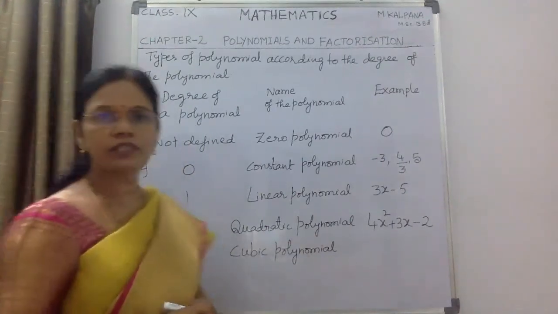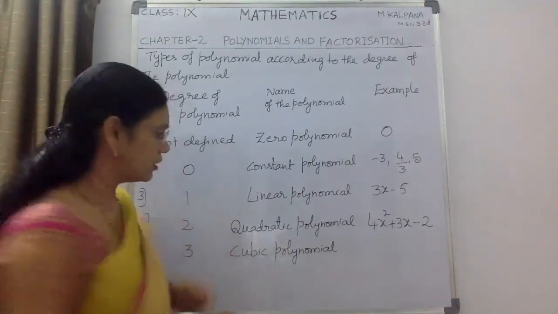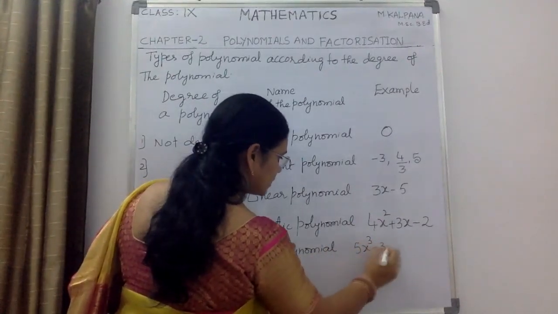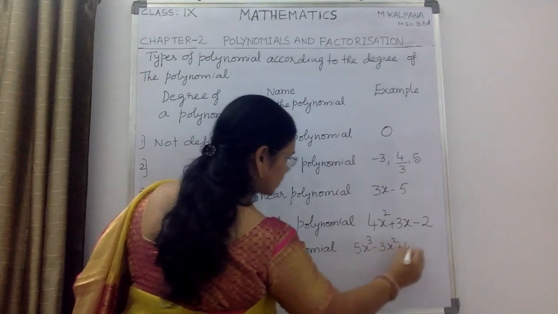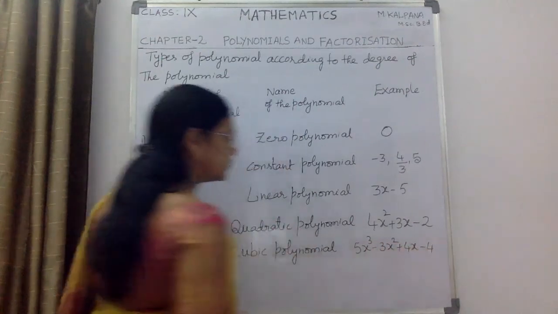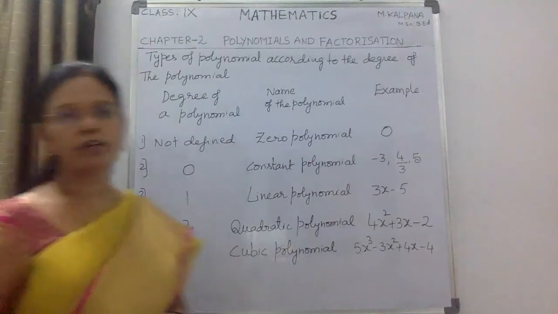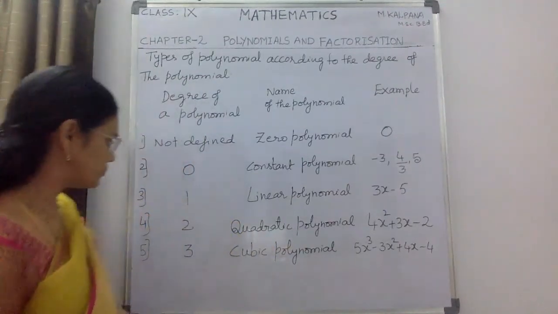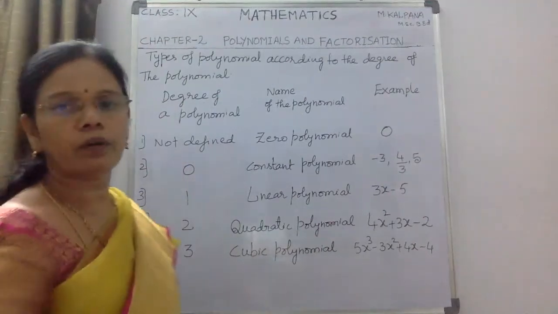Give some examples, children. Okay. 5x cube minus 3x square plus 4x minus 4. I have given an example. You also give some more examples in your notebook. And this is a cubic polynomial.